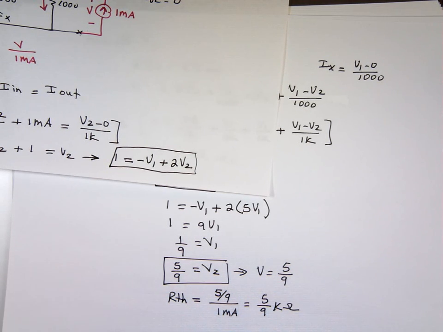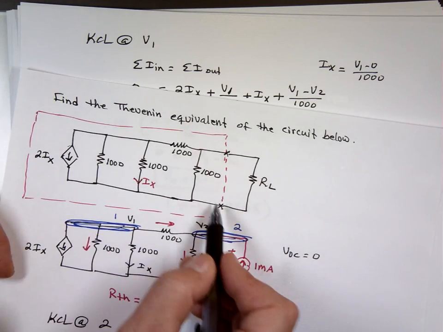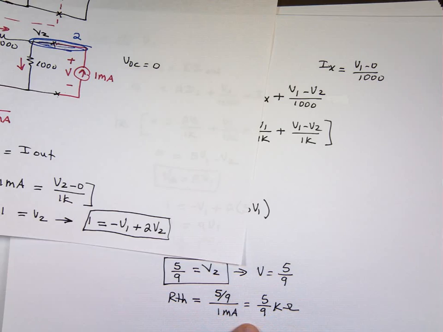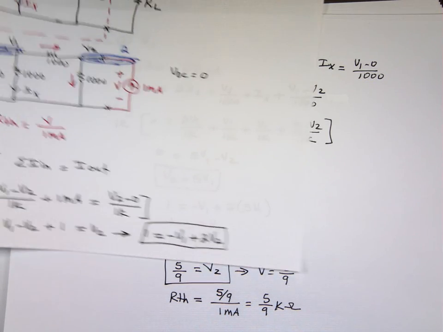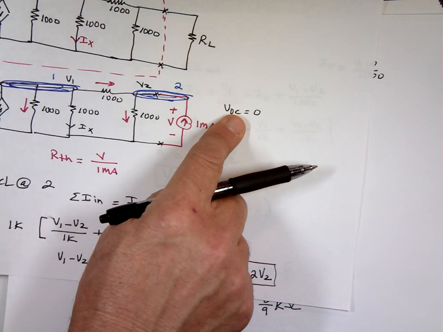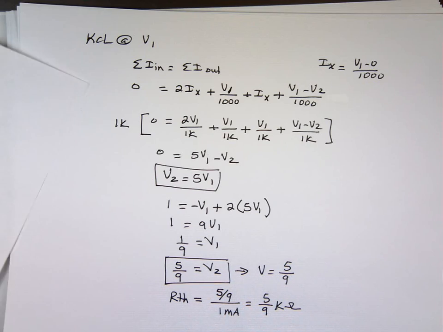So I can take that circuit right there and replace it with one resistor with the value 5 over 9 kilo ohm. There is no voltage. The voltage is 0. And that's how you find the equivalent circuit when you only have dependent sources.